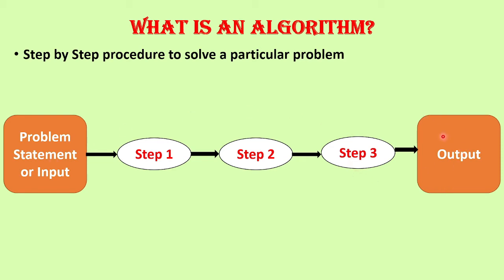Even in the software world, if any problem is given, you have to follow a step by step procedure to get the output. Following a step by step procedure to get the output for any problem is called as algorithm.